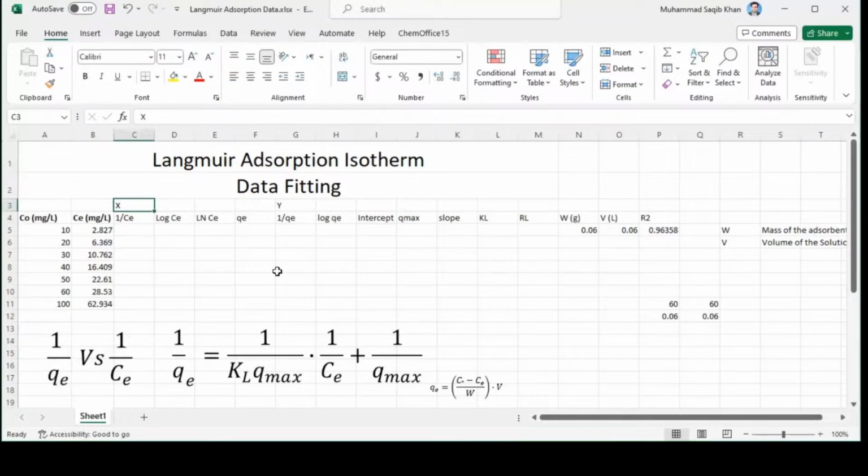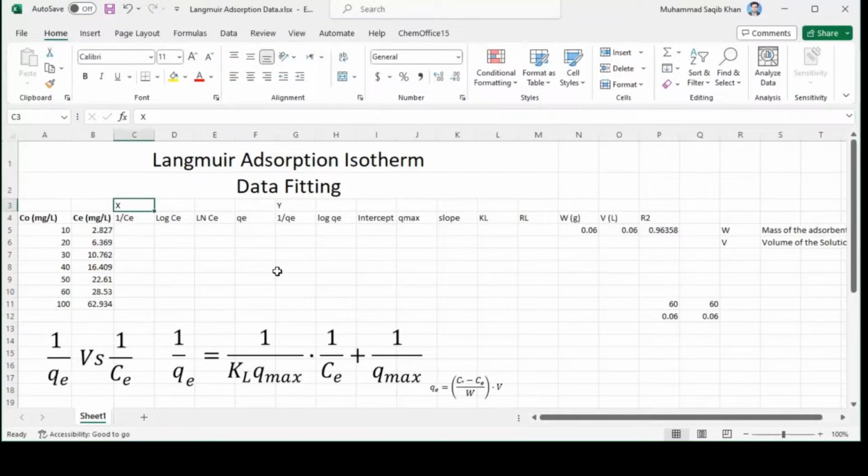As over here we have 1, 2, 3 brackets closing, so we will put 3 brackets over here and then enter. Drag this one and copy the formula till the end.